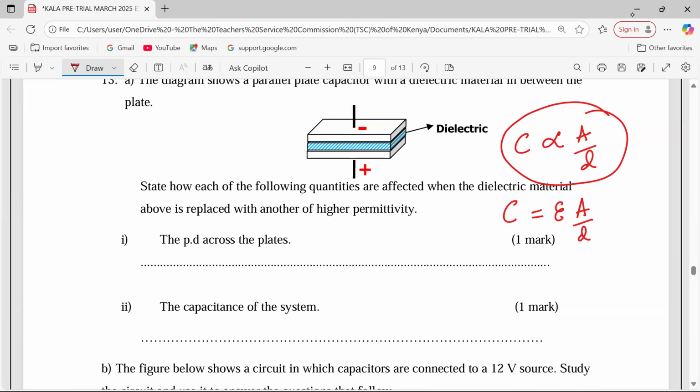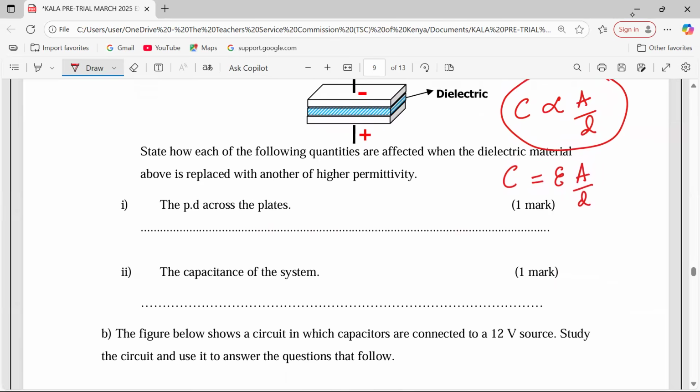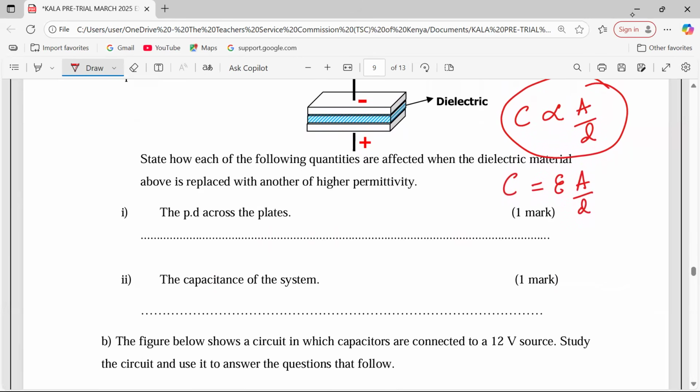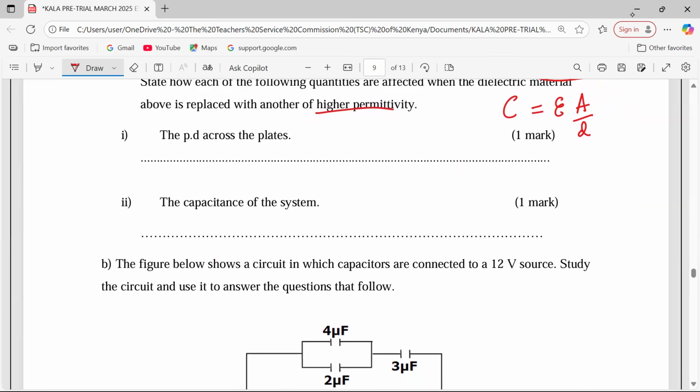So capacitance and the permittivity of the dielectric material are directly proportional. For higher permittivity, capacitance is increased. That's why I've started there. If capacitance is increased, then charge Q equals C times V, capacitance times voltage.